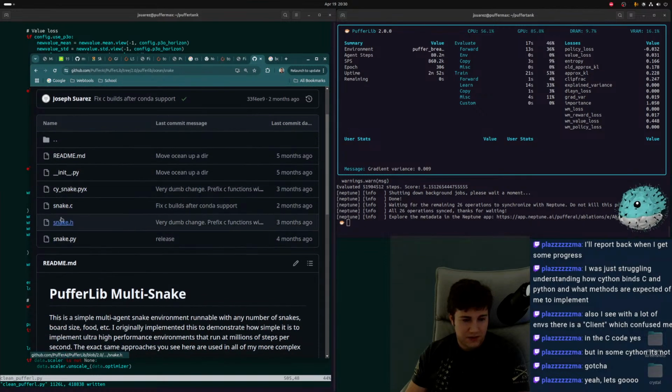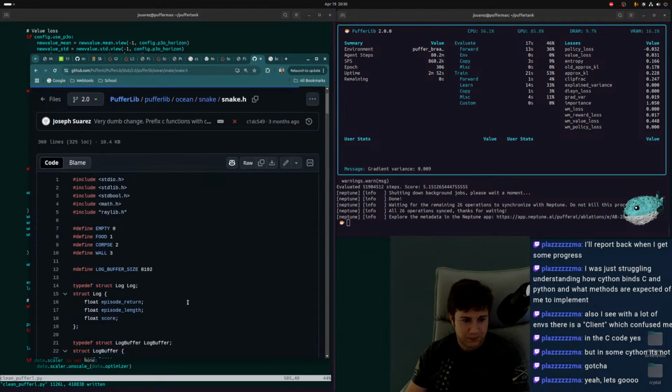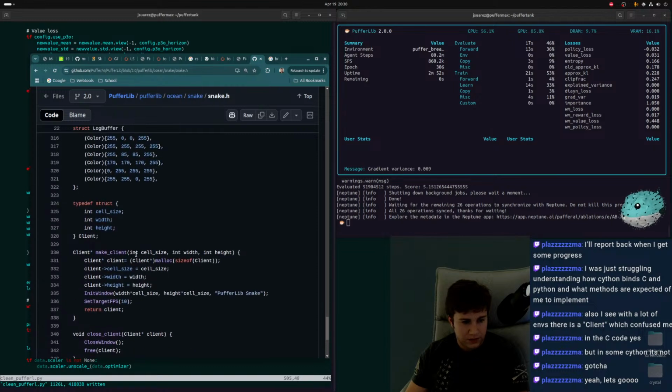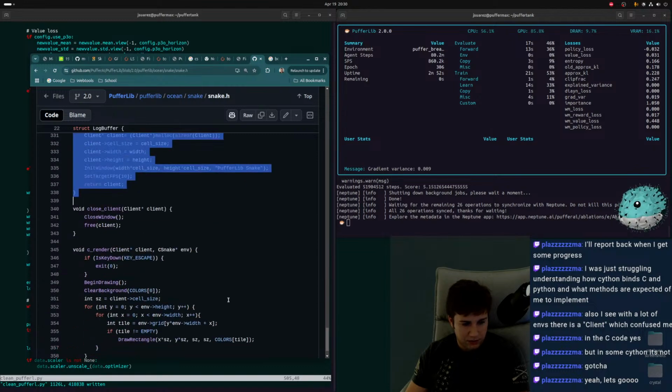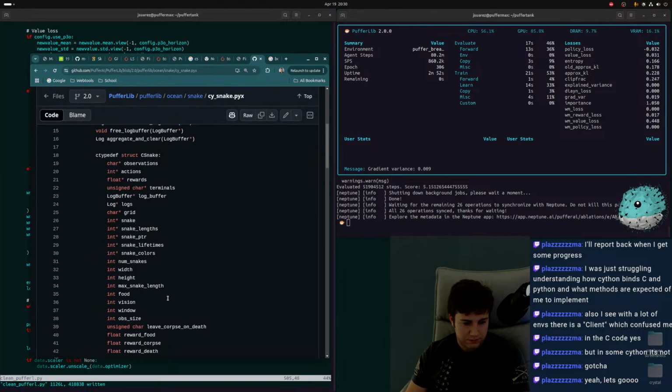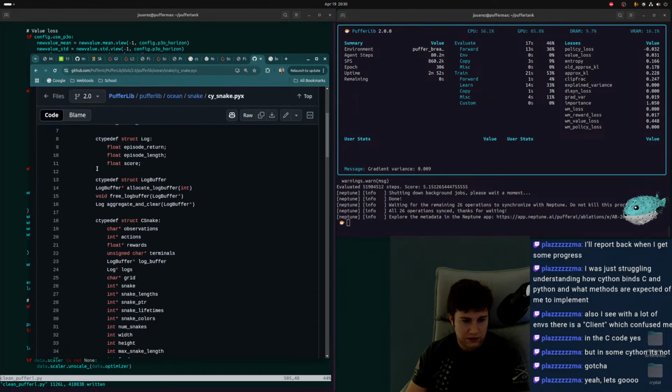Look, the snake end is really simple, okay? The client is like a screen of code, right? It's got this render function, that's all it does. The client just has a couple of properties, that's it. And then the Python is just a header.